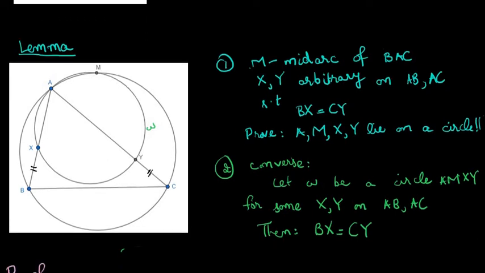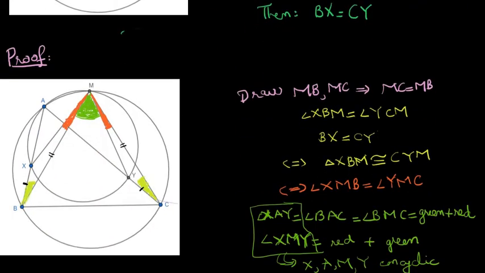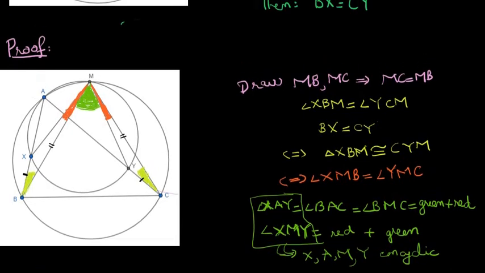I'm going to scroll down. I have the proof written down already just to save some time, and obviously because it's neater writing earlier. So the first part in the proof is you draw the lines MB and MC. Now this automatically means that MC is equal to MB because M is the midpoint of the arc, and that's the definition of the midpoint of an arc, that MB is equal to MC.